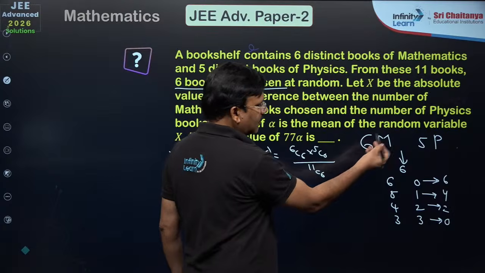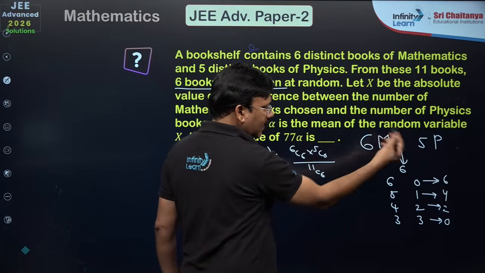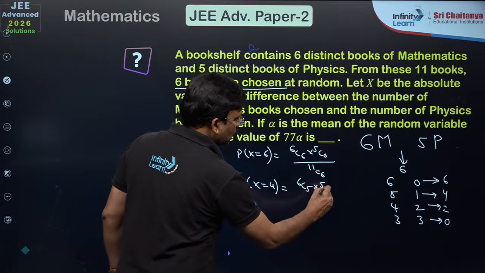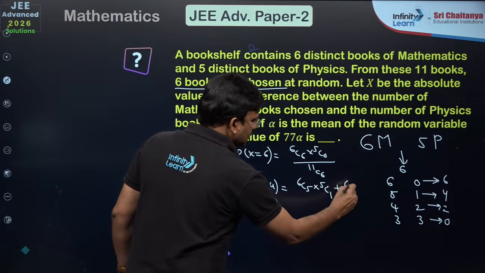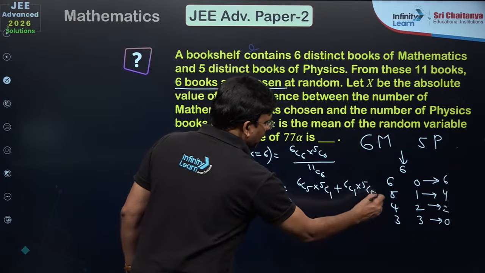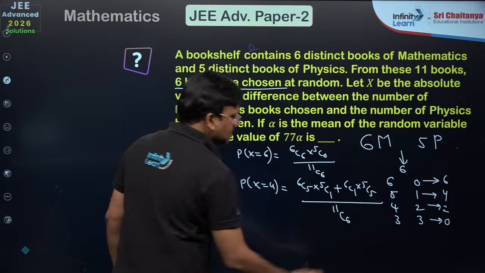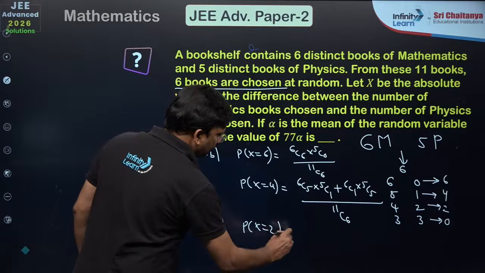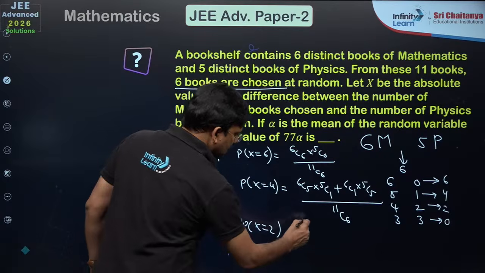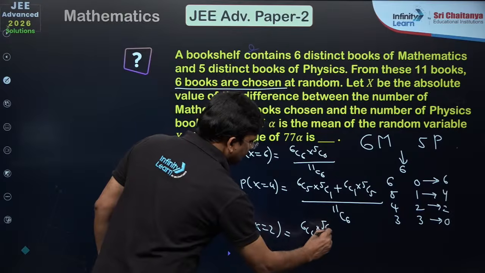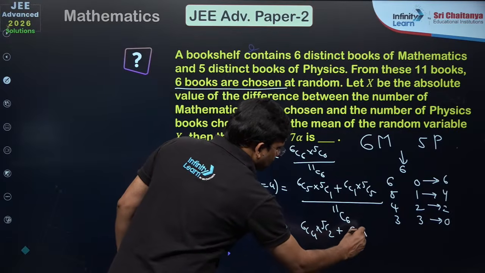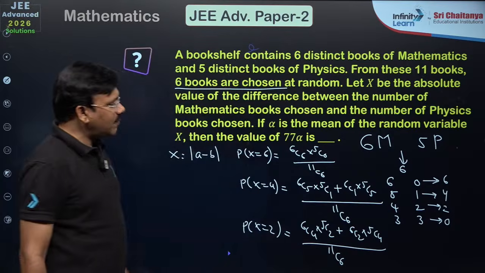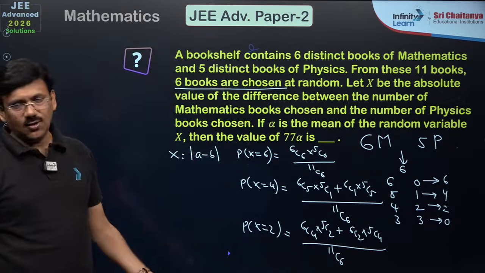So here 5, here 1, or here 1, here 5, 2 possibilities, which is 6C5 into 5C1 or 6C1 into 5C5, both the cases, by 11C6, right? Similarly, P of X is equal to 2 means here 4, here 2, 6C4 into 5C2 or 6C2 into 5C4 by 11C6. Similarly, P of X is equal to 0 means 3, 3 only.